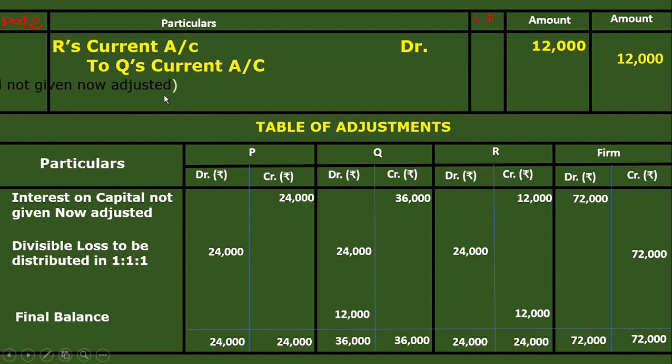And next we have to write the narration, interest on capital not given, now adjusted. So this is the other question we have solved. Hope you understood. If you have any doubt, please write it down in the comment section. I will try to give you the answer.